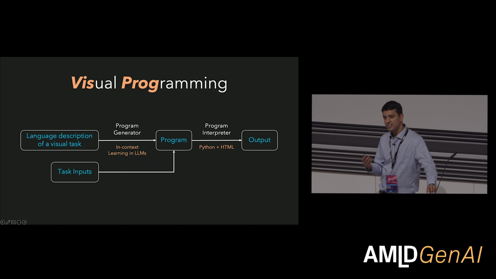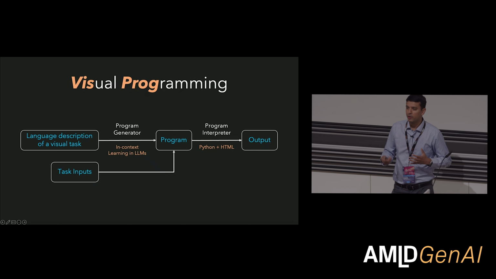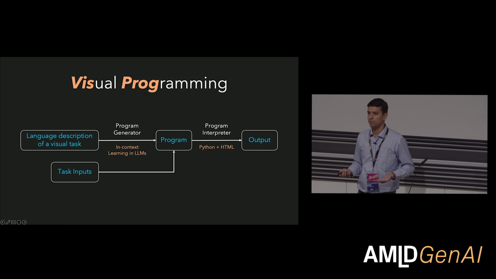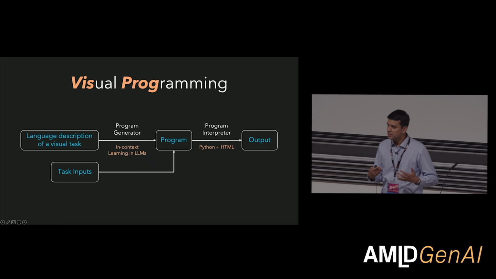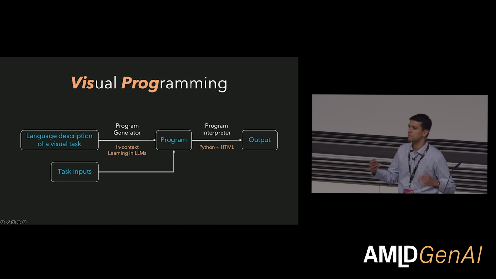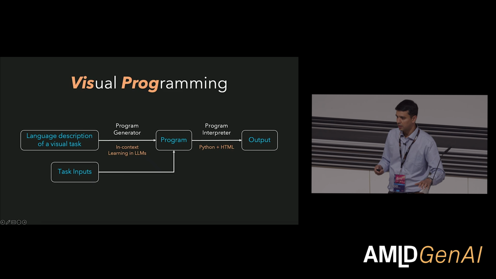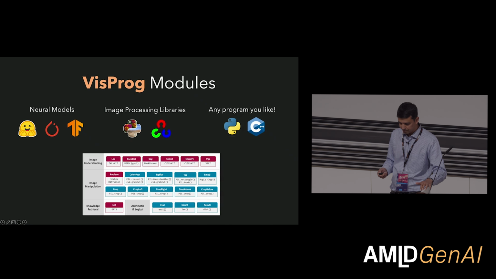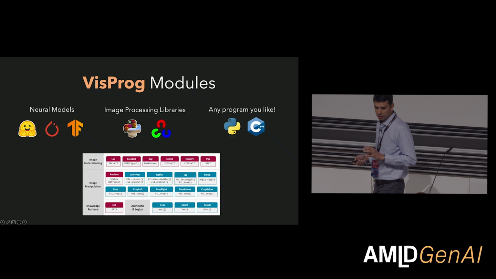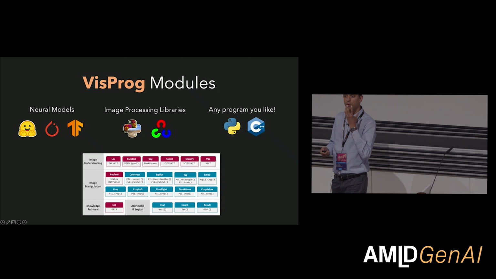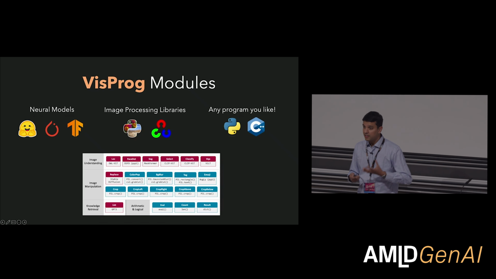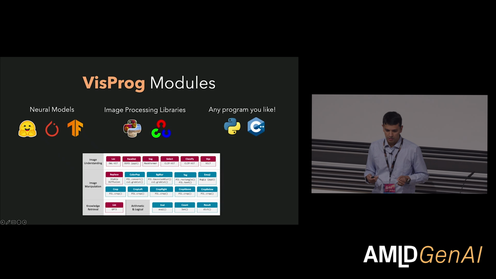But of course, I want to stress that there are many different ways of performing visual programming. Language models do seem like a very easy, accessible way to do it, which is why we use them in VisProg. At the heart of VisProg are the different models, or the different modules that really are the foundations on which you stand, right?